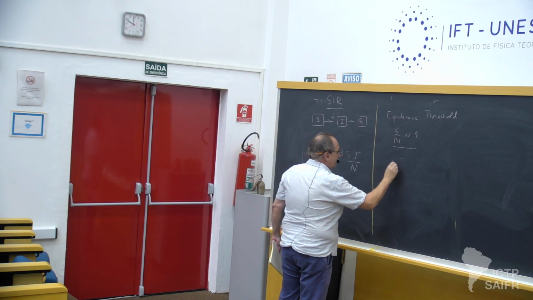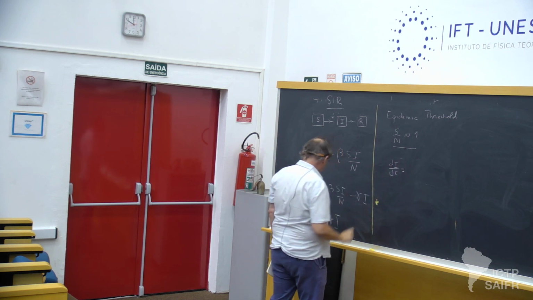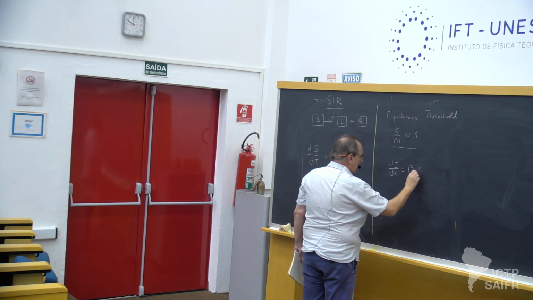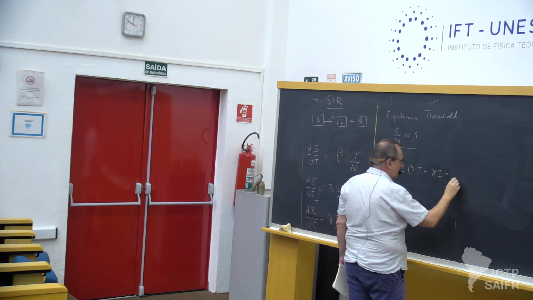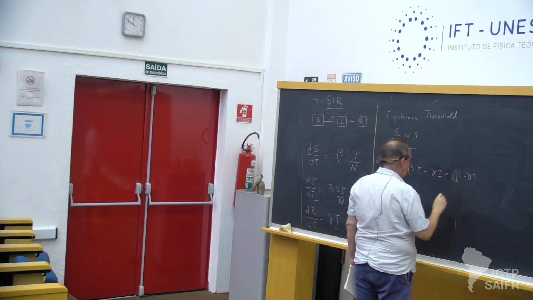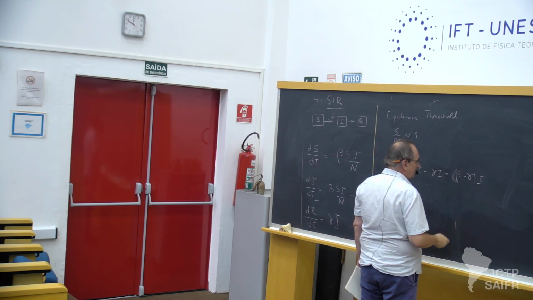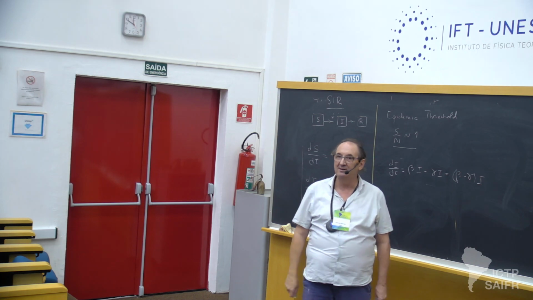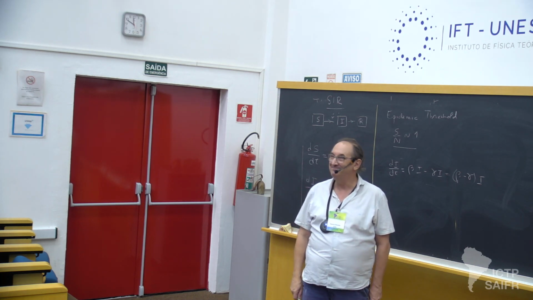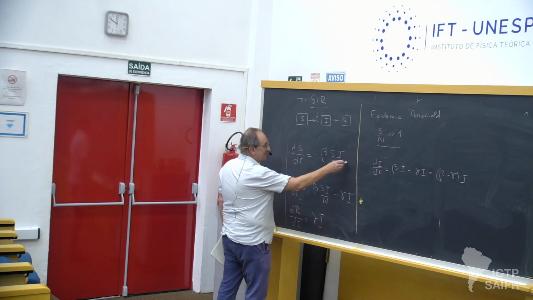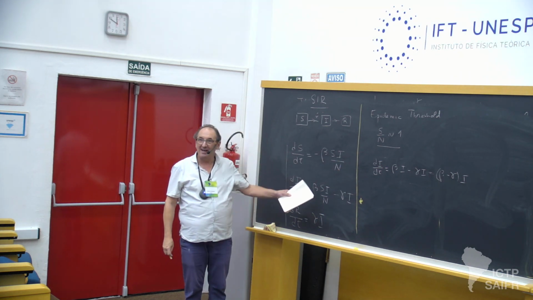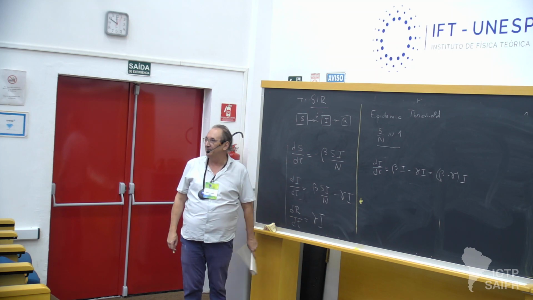So di dt is equal to beta I minus gamma I, which is equal to beta minus gamma times I, which is the same equation I had before. Nothing changed, okay? Because what changes is this guy now goes here instead of going here, but at the initial phase, it's actually the same thing.